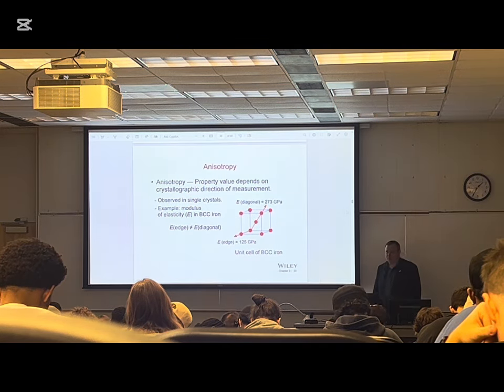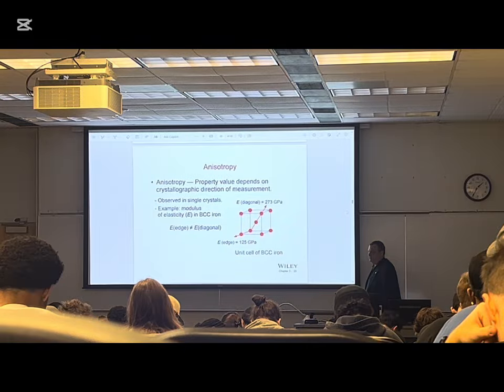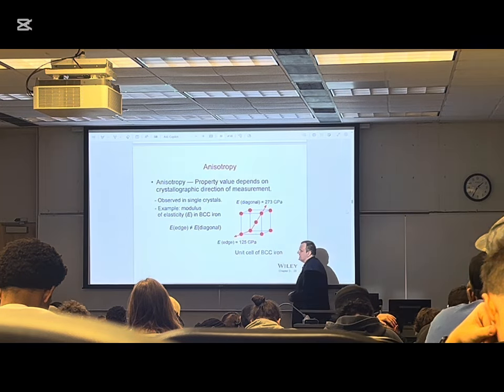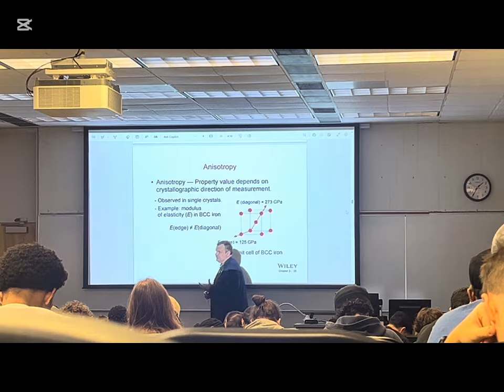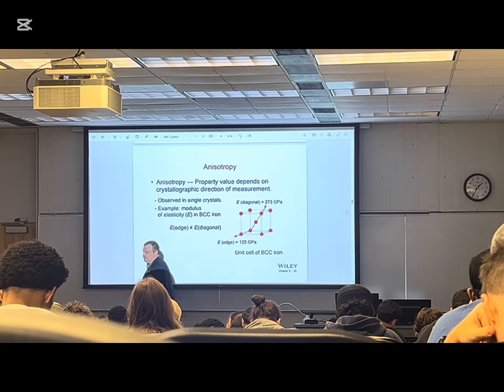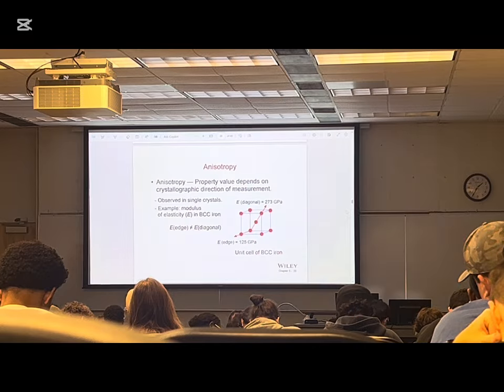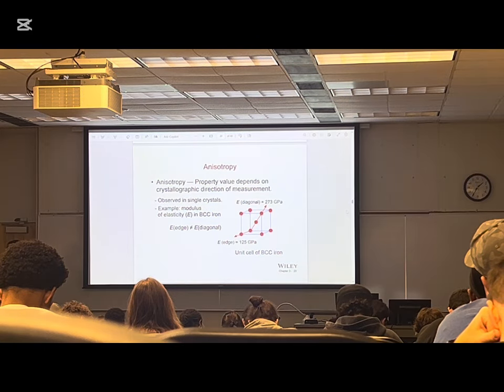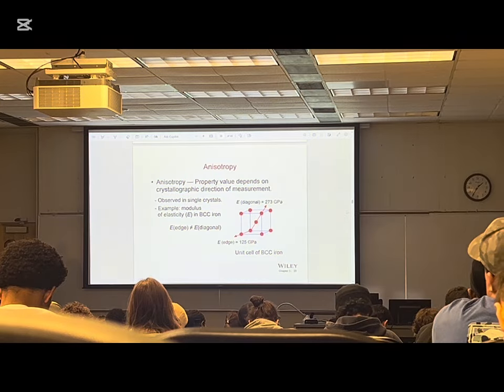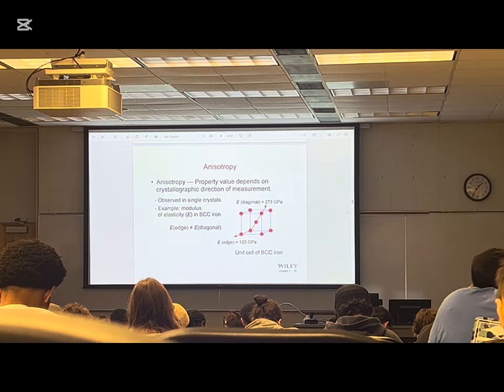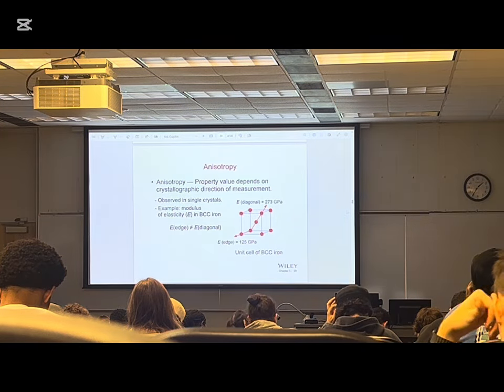This brings us to anisotropy. Anisotropy means that the properties are different in different directions. And I'm going to explain to you. In this case, the properties depend on the crystallographic orientation, or the crystallographic direction.